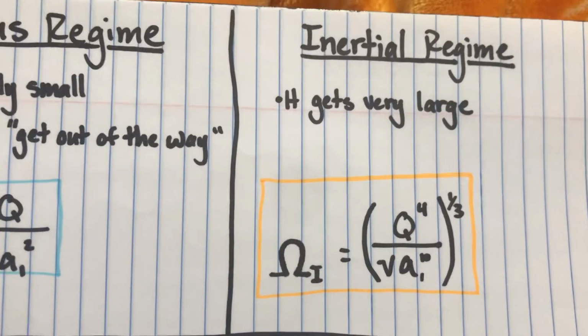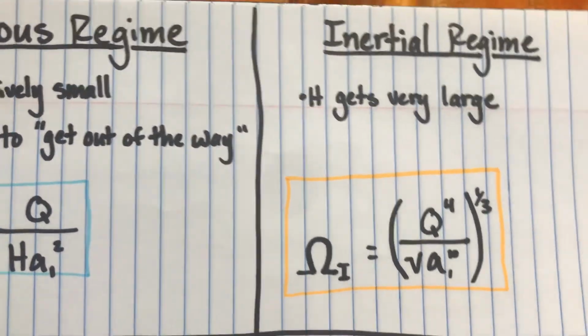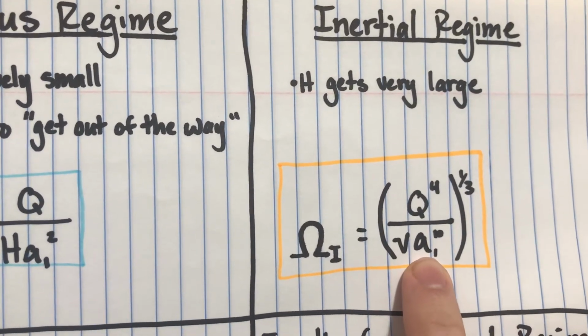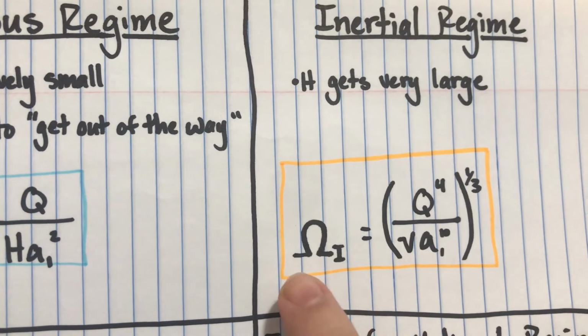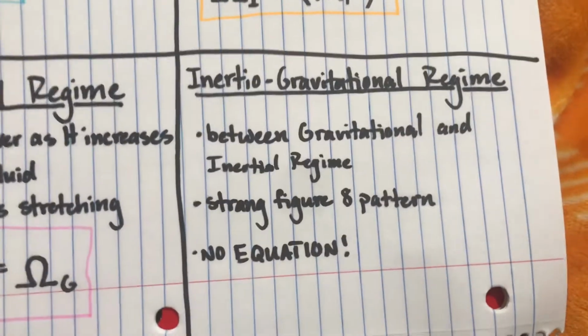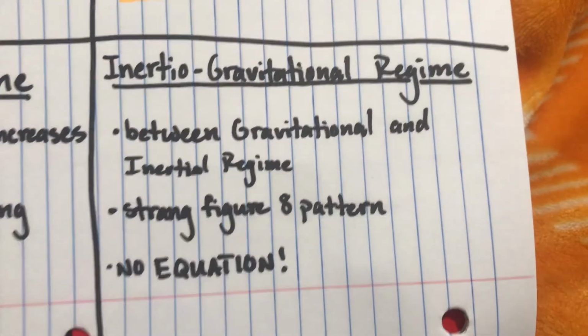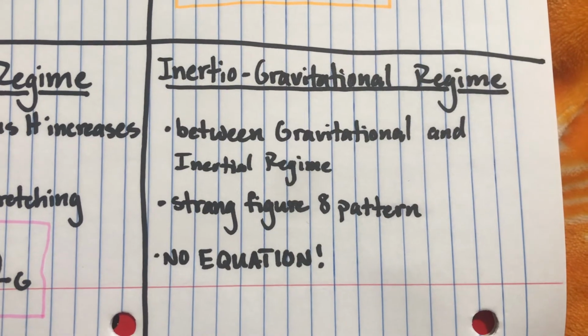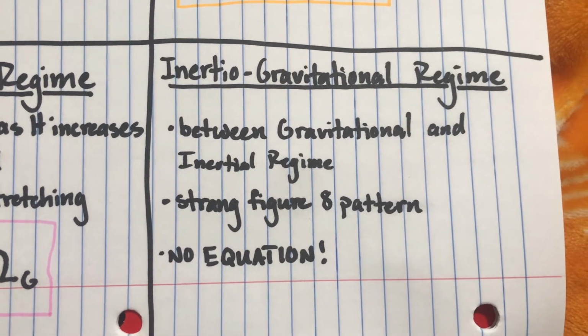And as you can see, the lower radius is raised to the 10th power, which would make this number larger, which makes sense. And then the last one is called the inertial gravitational regime. And this happens somewhere between the gravitational regime and the inertial regime.